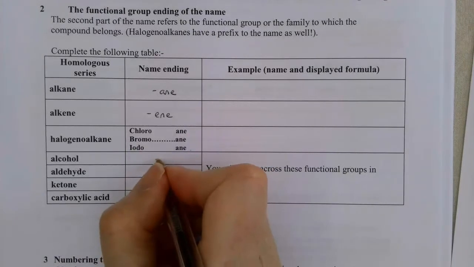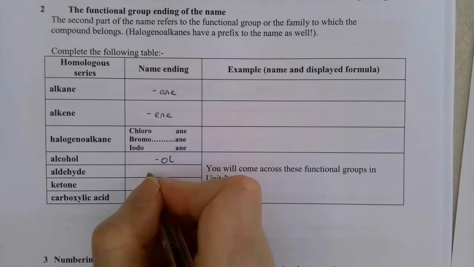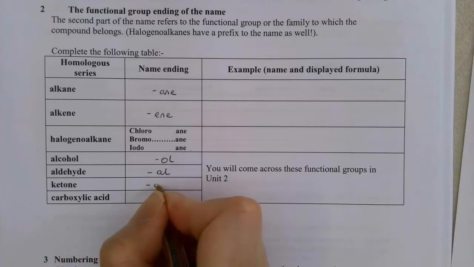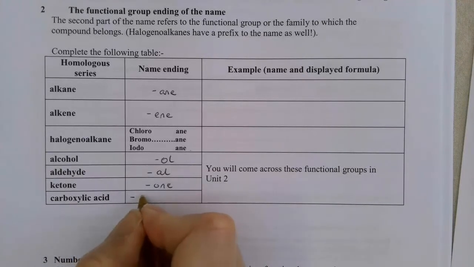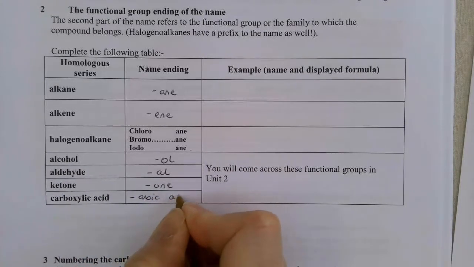Alcohols end in ol. Some ones you might not have come across before, aldehydes and ketones. Aldehydes end in al, ketones end in one. Carboxylic acids, which you may be familiar with from GCSE, end in anoic acid.